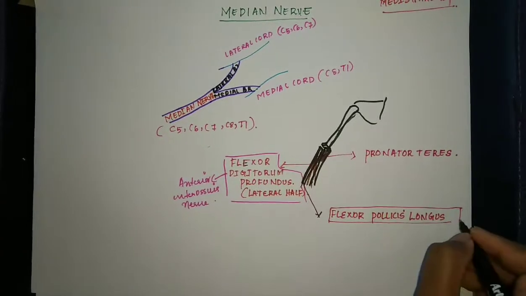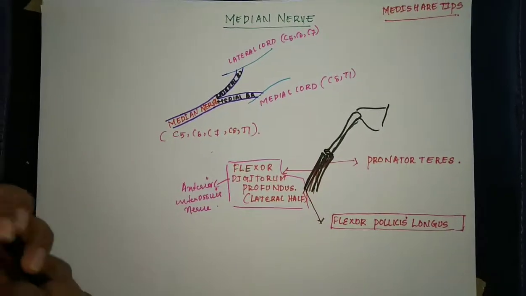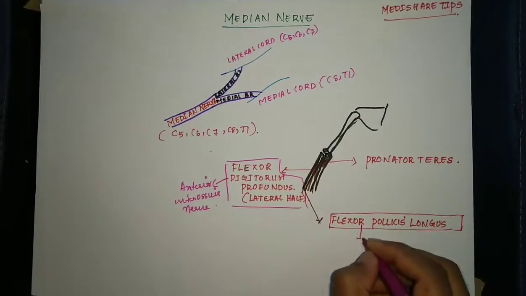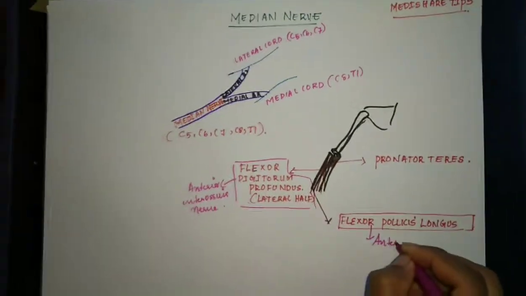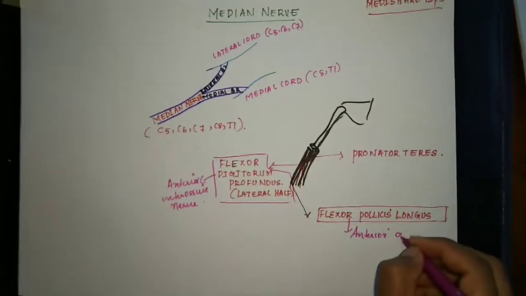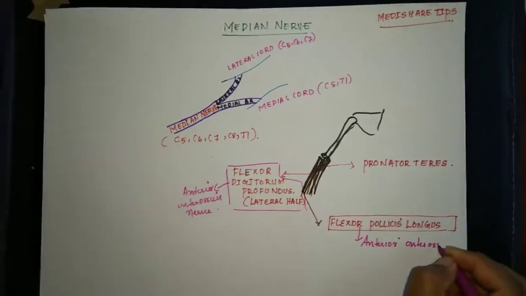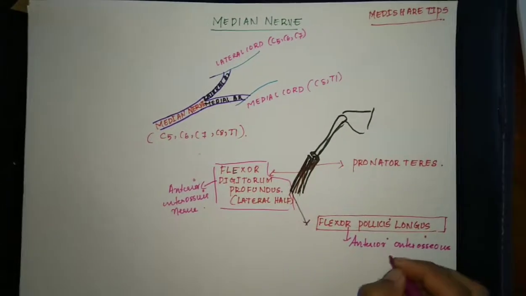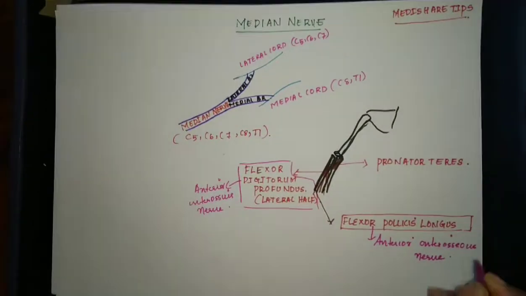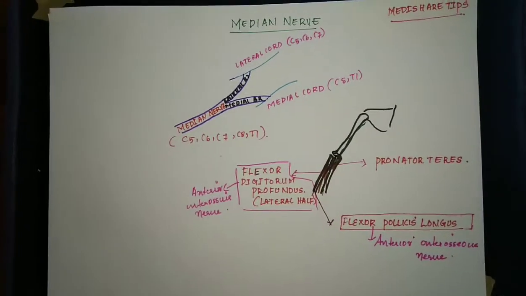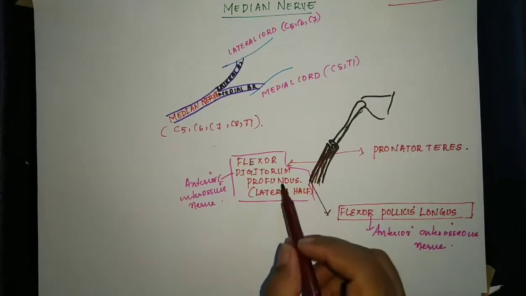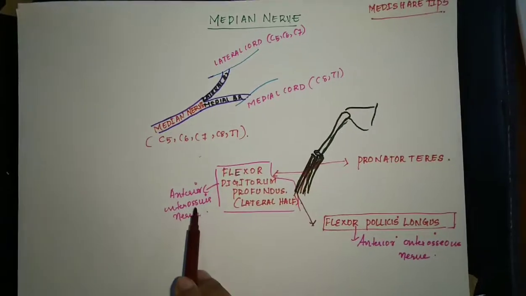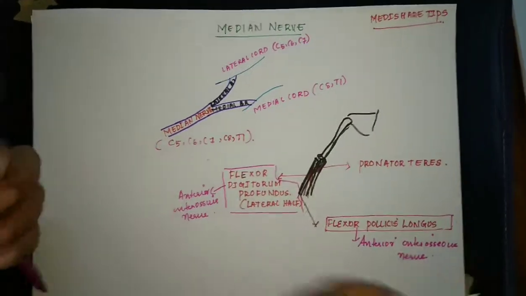This is also a deep muscle, so it must be supplied by the anterior interosseous nerve, which is a branch of the median nerve. So these two muscles are supplied by the deep branch of the median nerve, which is the anterior interosseous nerve.